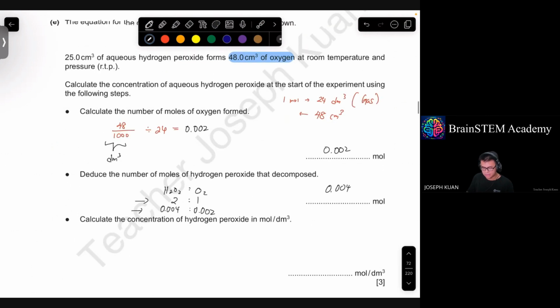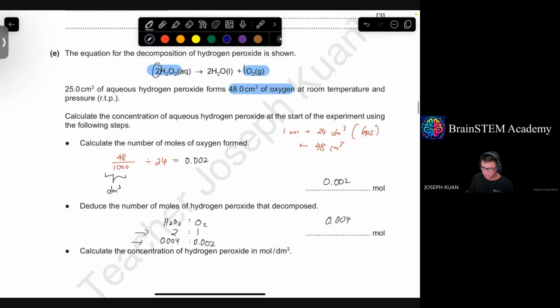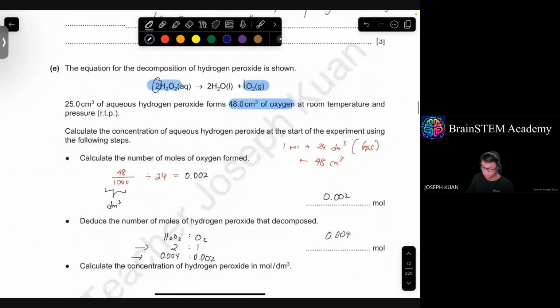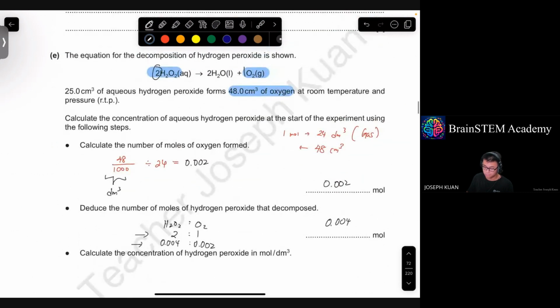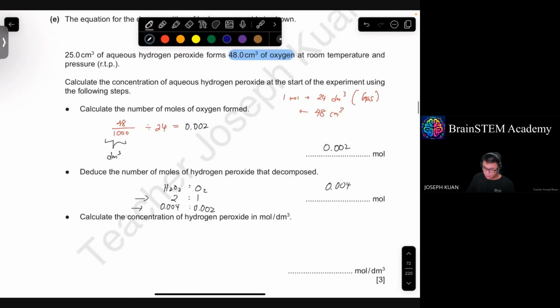Next, calculate the concentration of hydrogen peroxide in mol per dm³. We found out the moles of hydrogen peroxide, which is 0.004.